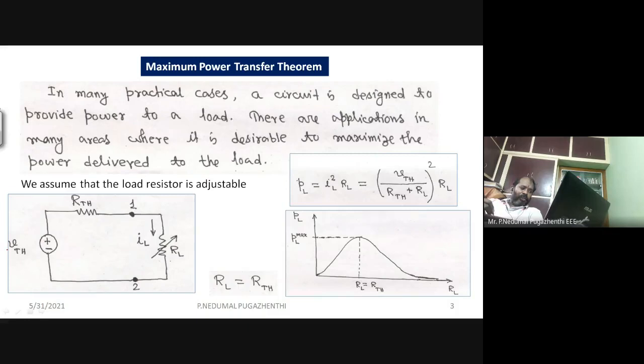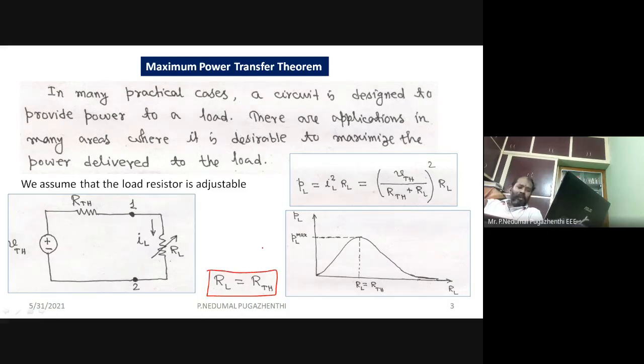If your circuit is of this type, and we assume that the load resistor RL is adjustable, that is, we can vary the value of the load, then the condition for maximum power transferred from the source to the load is if and only if your load resistor is equal to RThevenin. This condition.